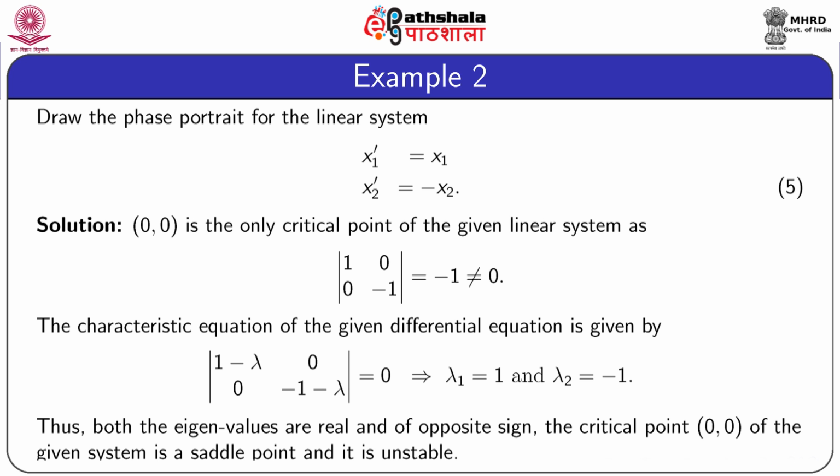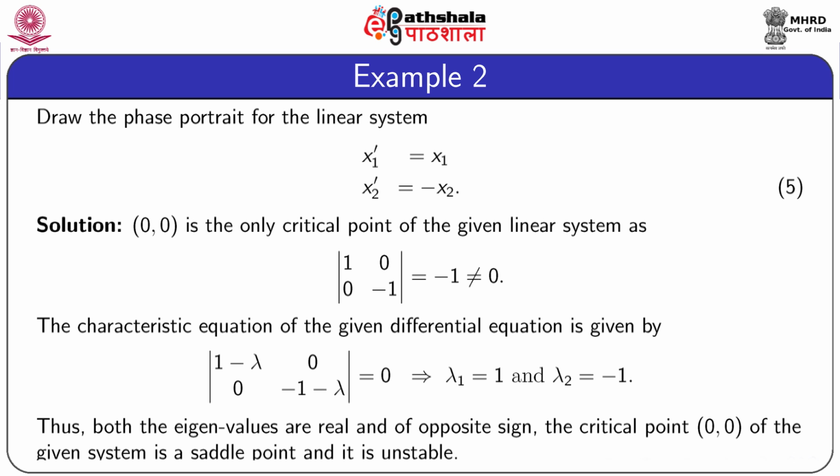Please check whether this determinant is 0 or non-zero, and if it is non-zero then (0, 0) is the only critical point of this linear system. To get this point, all you have to do is put this right hand side equal to 0 and this right hand side equal to 0.